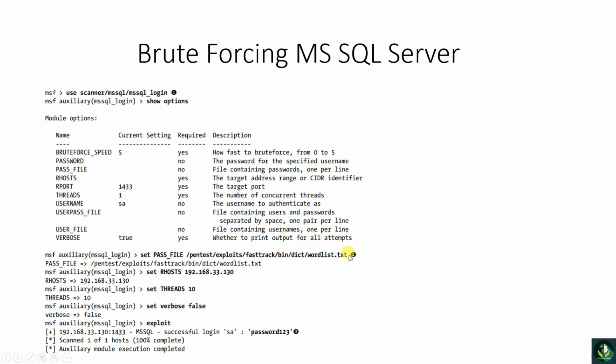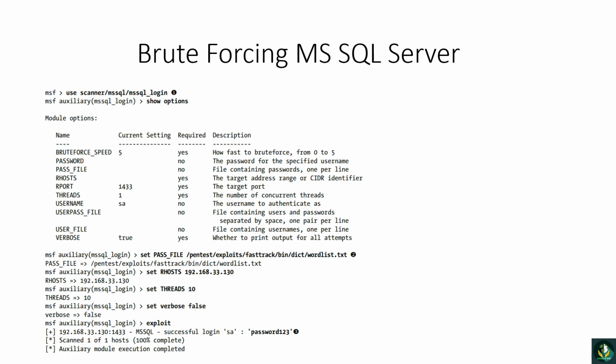This is the word list that we will use to guess the password, because we discussed Fast-Track. In here we have successfully guessed the SA password, the system administrator password, using this word list file that we saved in this directory. We set the host as the previous host, and we set threads at 10 and verbose at false.